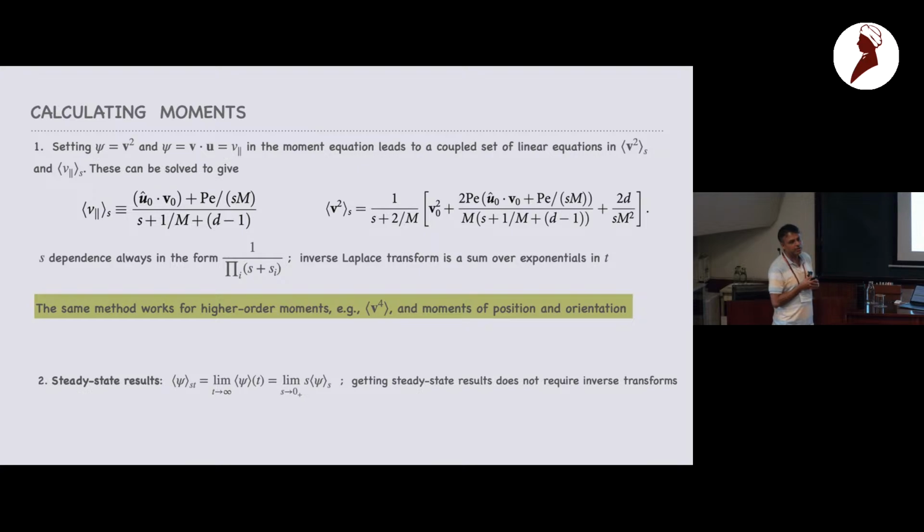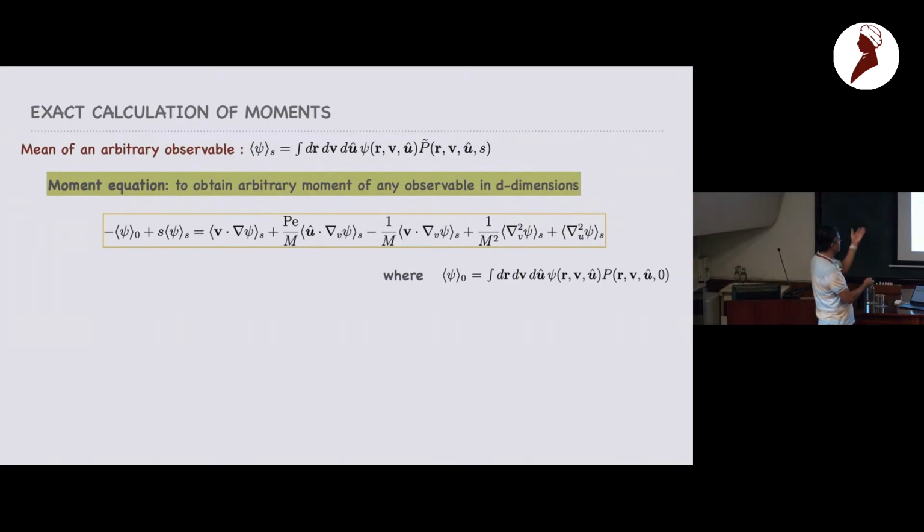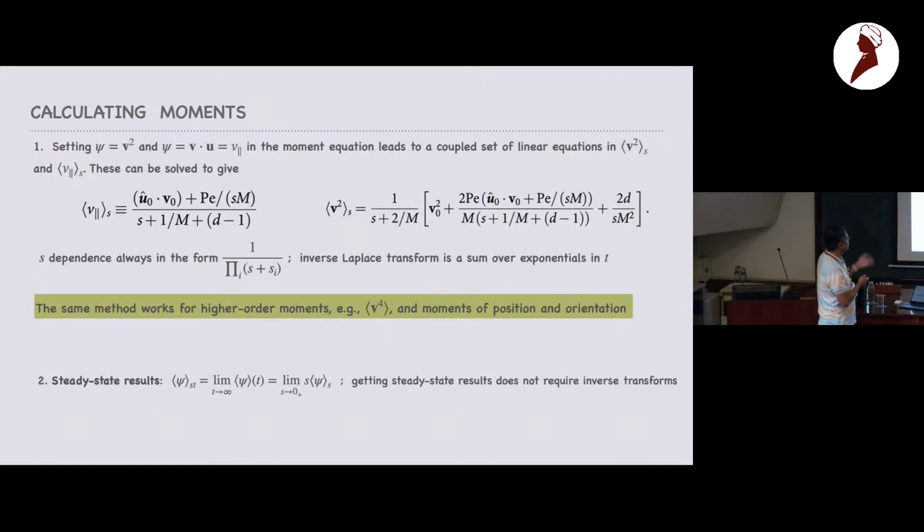Let's say I just look at the first couple of moments of velocity: v squared and the velocity component along the orientation vector. I can plug them into the generic psi, and then solve these two equations simultaneously. You get expressions for v parallel and v squared, both in Laplace space.